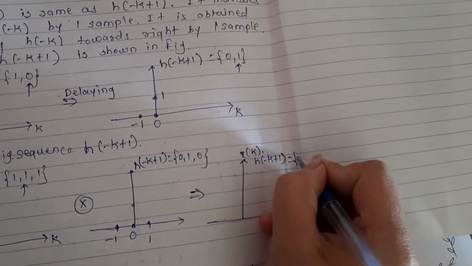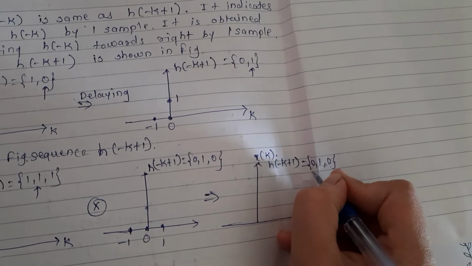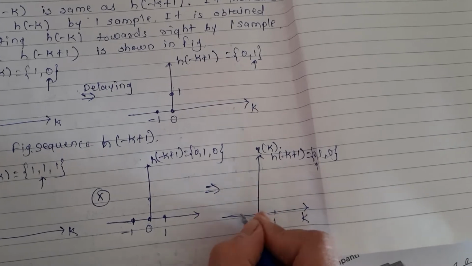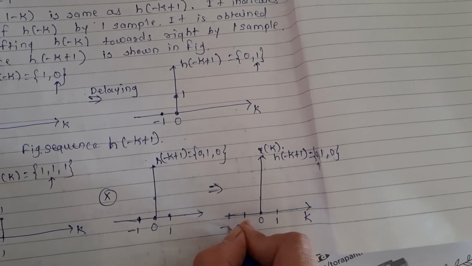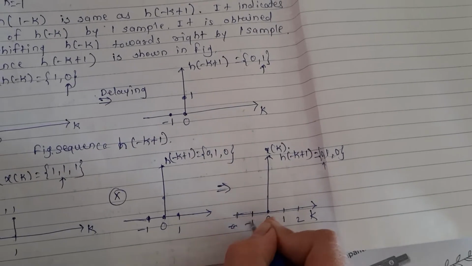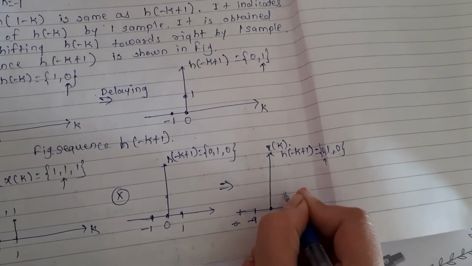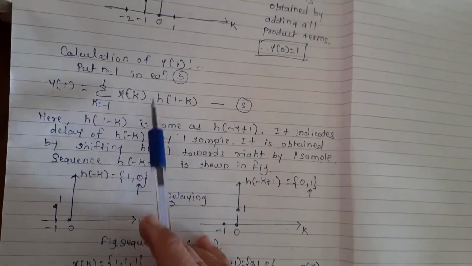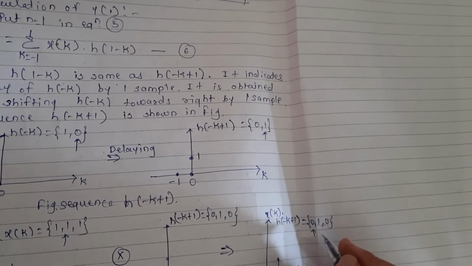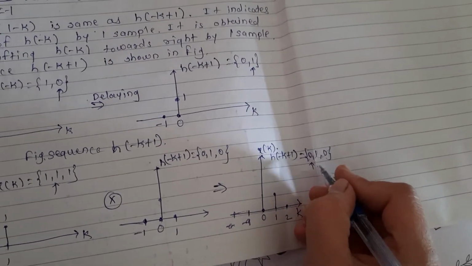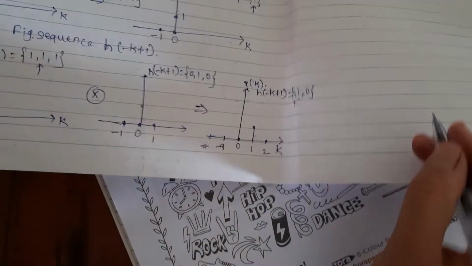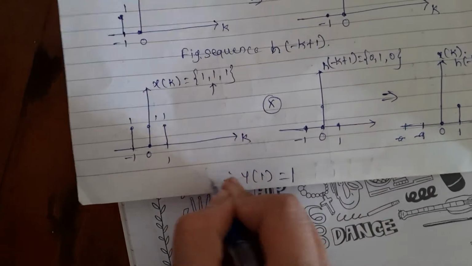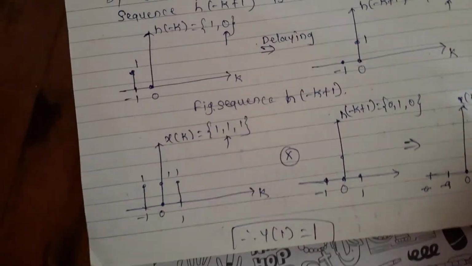So it is 0 1 0. So here we have to find the value of y of 1. Therefore y of 1 is equal to 1. This is the value of y of 1.